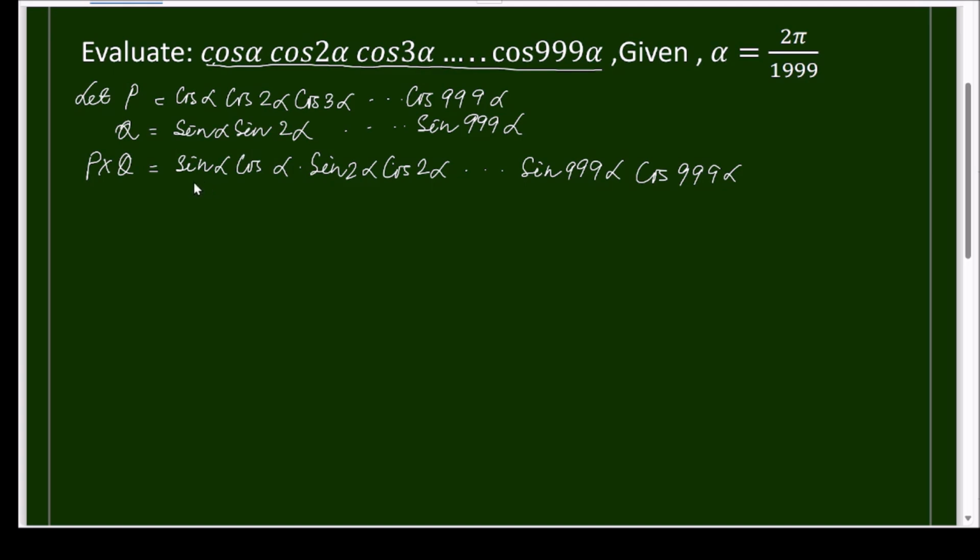And we know that this is a familiar formula, that is 2 sine alpha cos alpha is equal to sine 2 alpha. Similarly, if we multiply 2 here, I'll get sine 2 into 2 alpha. That means the terms will be less, because this contains so many numbers in the product.